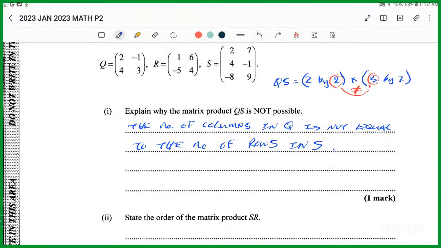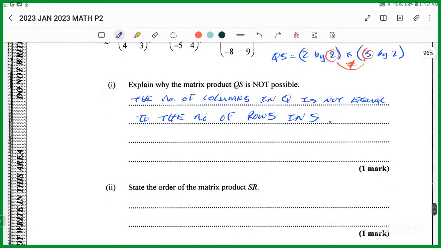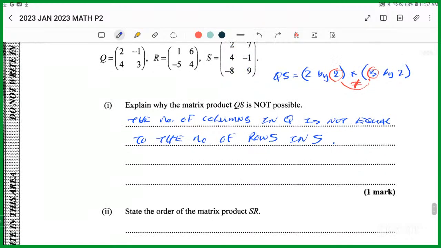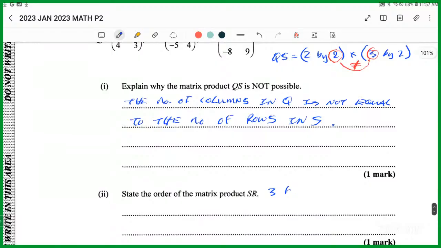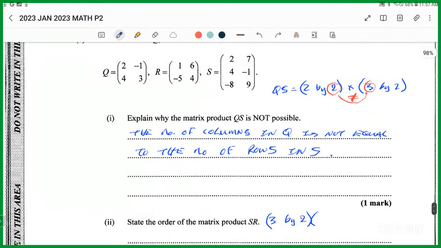Next one says, state the order of the matrix product S times R. Let's set it up. So S is a 3 by 2 matrix, and R is a 2 by 2.